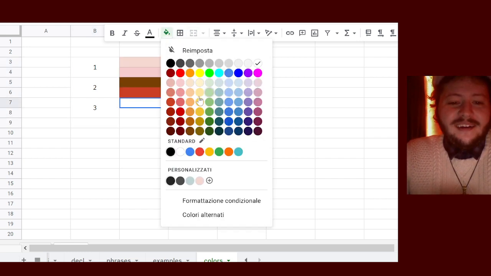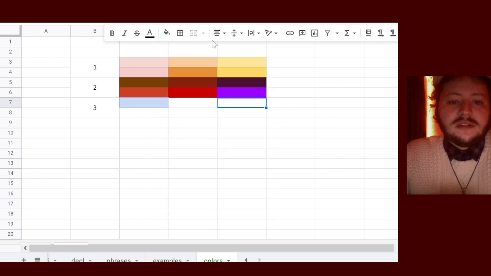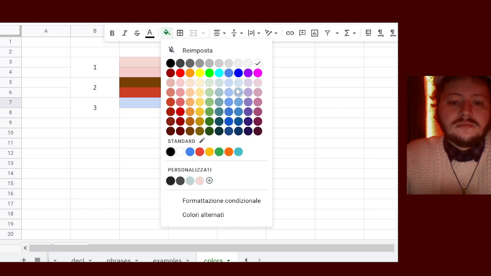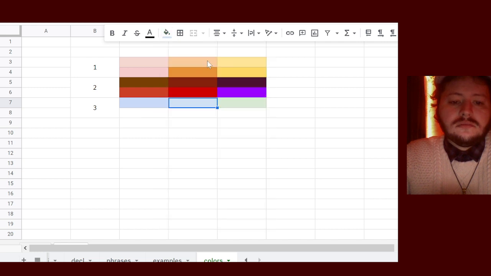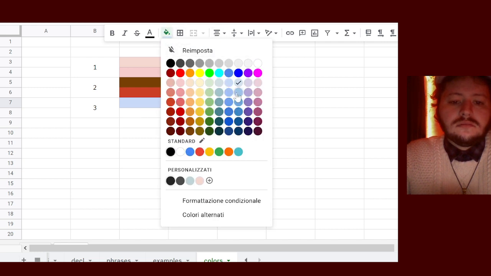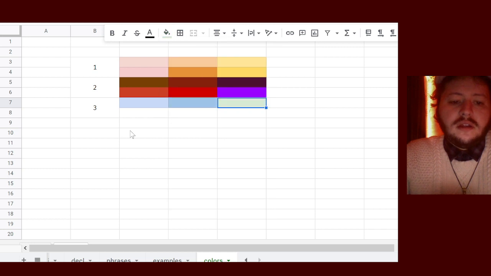Yeah, so I'm thinking it's anywhere from blue to green. Let me go a little darker there.